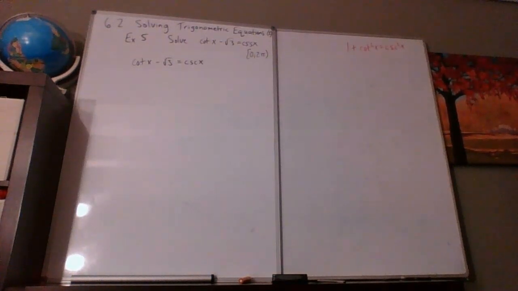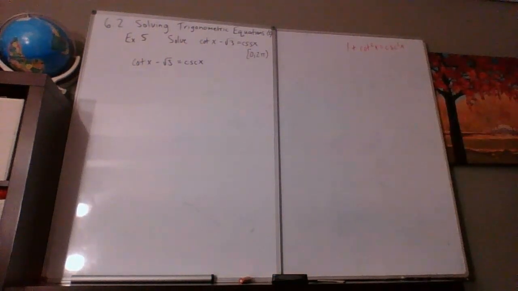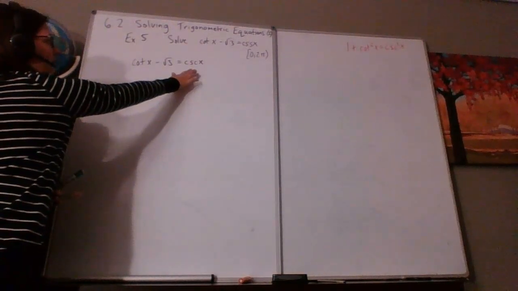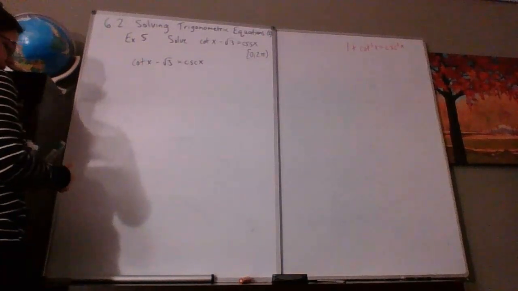One strategy when you have two different trigonometric functions that are related by a Pythagorean identity is to make sure that the trig functions are on opposite sides of the equation and square both sides.